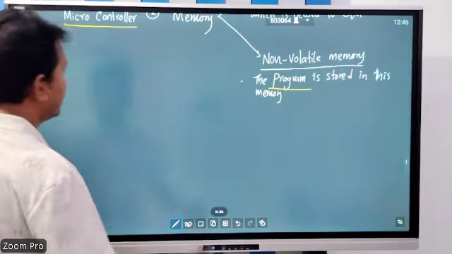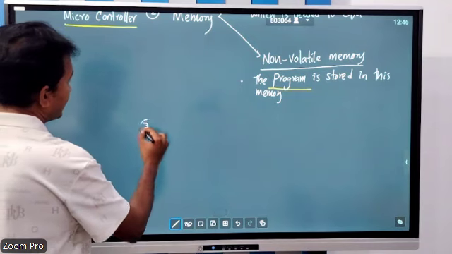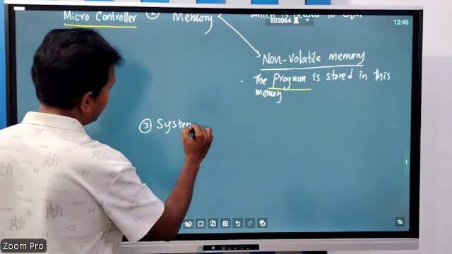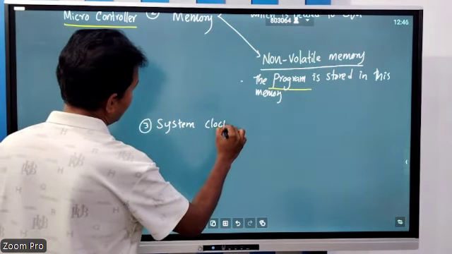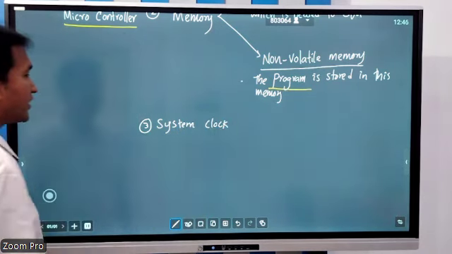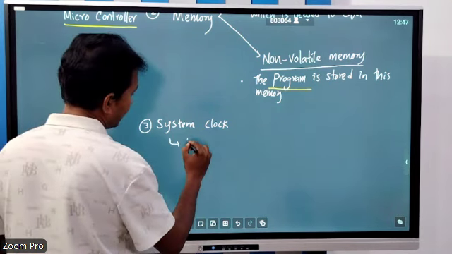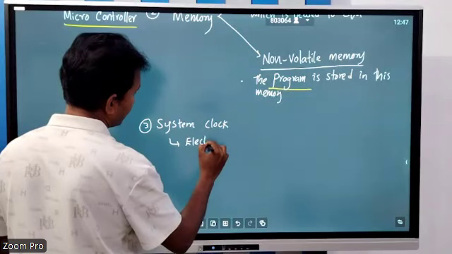Next one, the third one, is that there is a system clock. Inside this microcontroller, there is a system clock. This system clock is an electronic device.